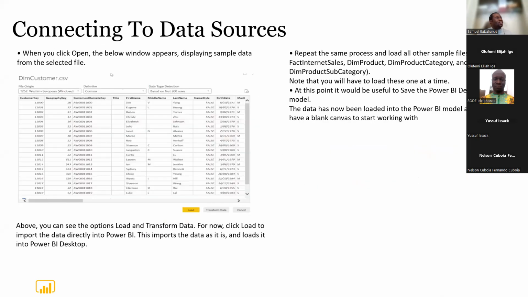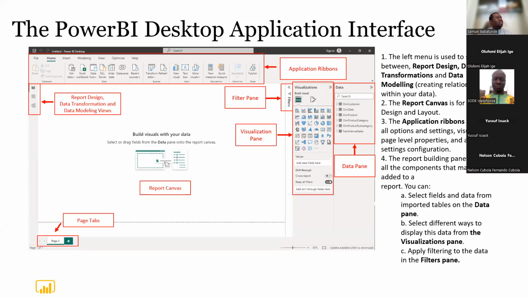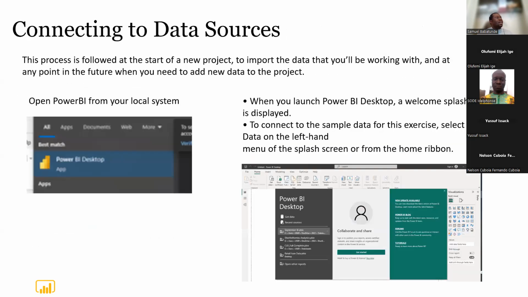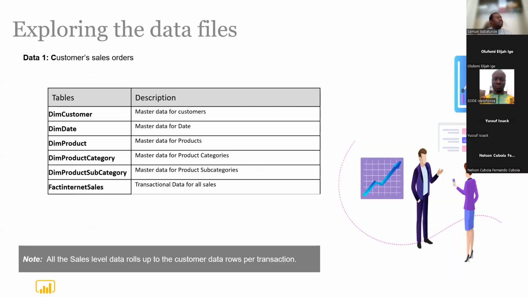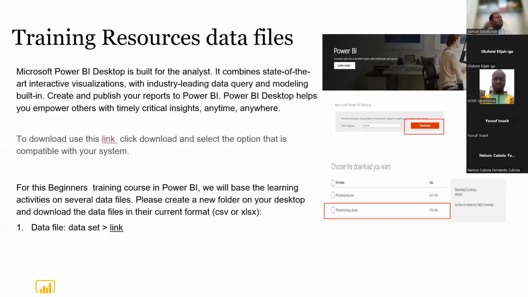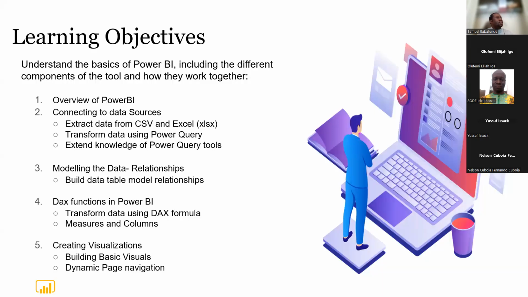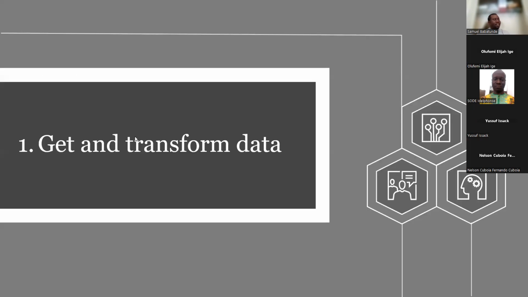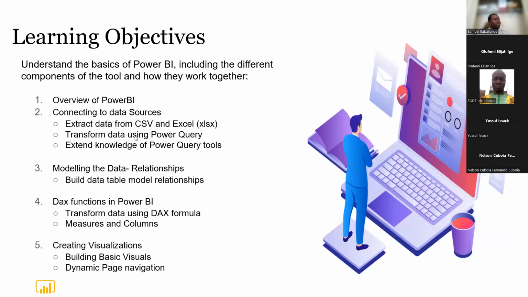And the other one was... Come again, wait a minute. I think I missed number 2, right? Number one is the overview itself, right? This should be number 2. Number 2 is trying to connect to your data sources, right? And the third one is where we are now.